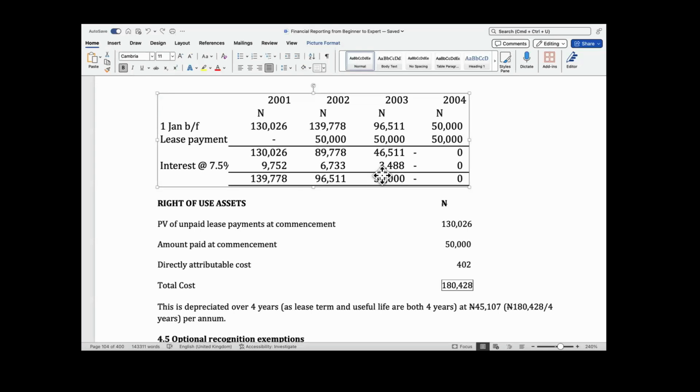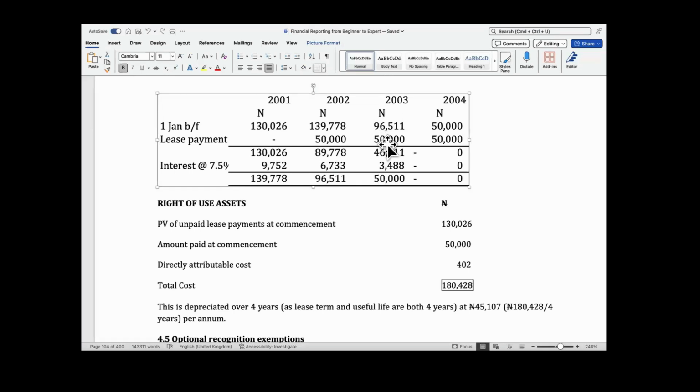Unlike where payment is made at the end, where we need to add the interest, then whatever is remaining we settle. That's why it was like that in that case. So when we apply 7.5% on 89,778, we get 6,733. You add these two together, you get 96,511, which you carry to next year.